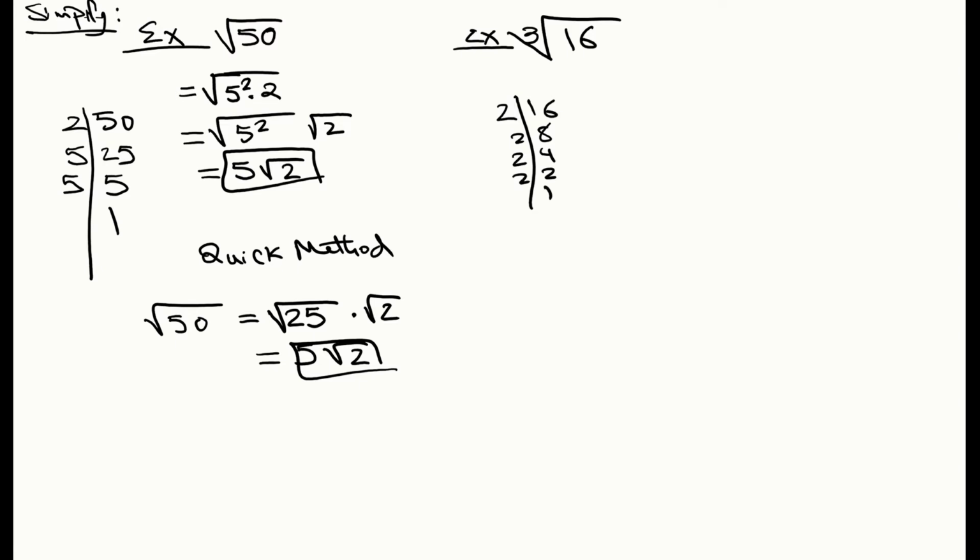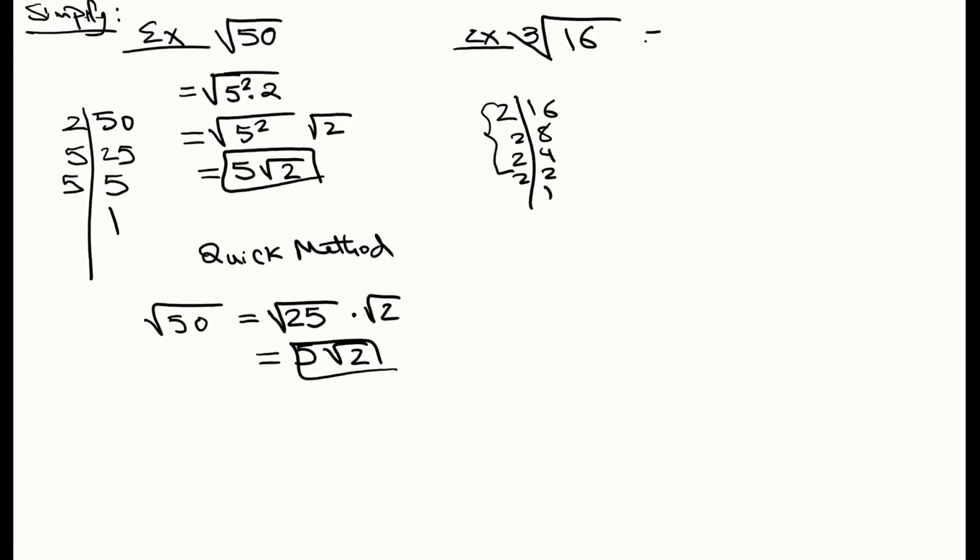Now, it's important to note that this time we're trying to simplify a cube root. So we're not looking for a perfect square in the factorization of 16. We're looking for a perfect cube that we can bring out of the radical. And we notice there is one perfect cube in there.